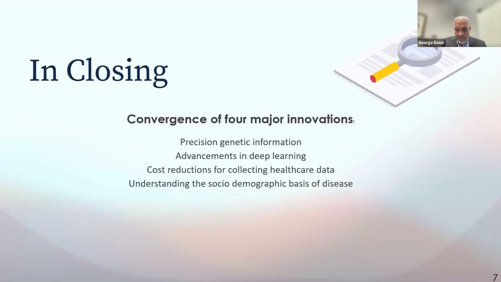One, precision genetic information, advancements in deep learning, cost reduction for collecting healthcare data, and understanding the socio-demographic basis of disease. As exciting as this is, it's not going to be easy because life, like medicine, is complex and hard. But I think this will be of great benefit.